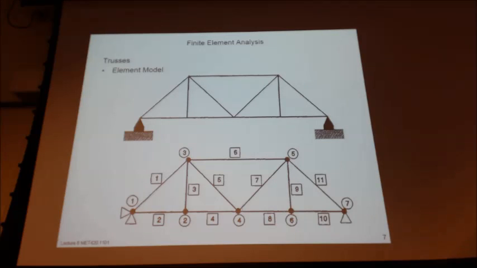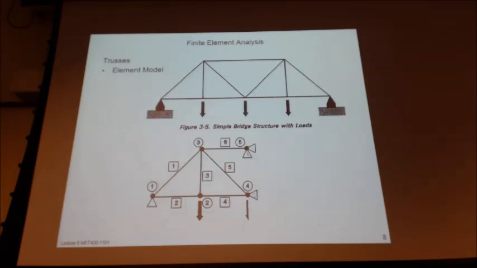So for this, let's assume that at node 2, 4, and 6, we have 5,000 pounds at each one of those nodes. So if we were going to do symmetry, we might set up something that looks like this.